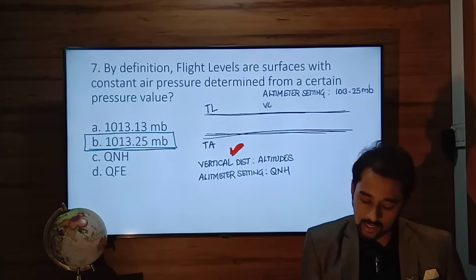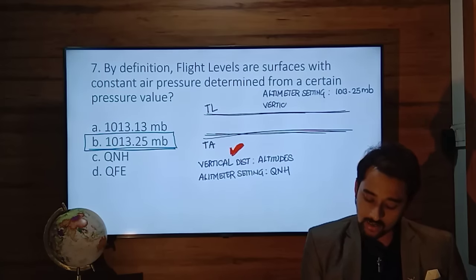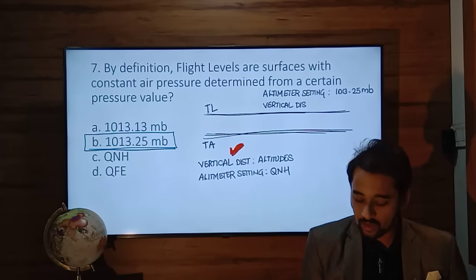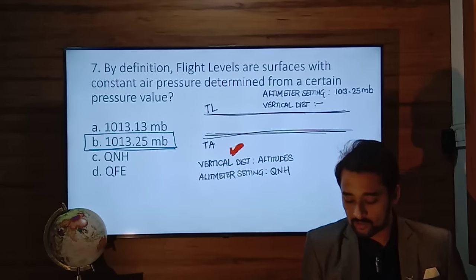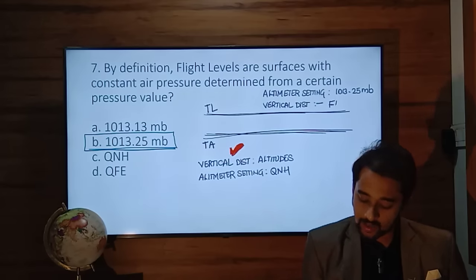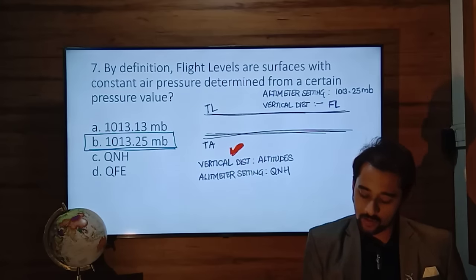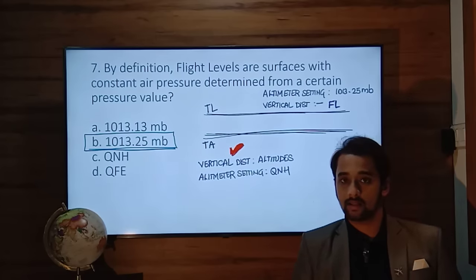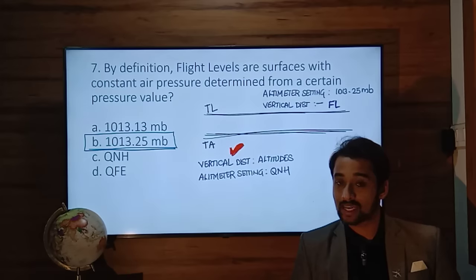And when that happens, the vertical distances will be reported in terms of flight level. Flight level 100 for 10,000, and so on.